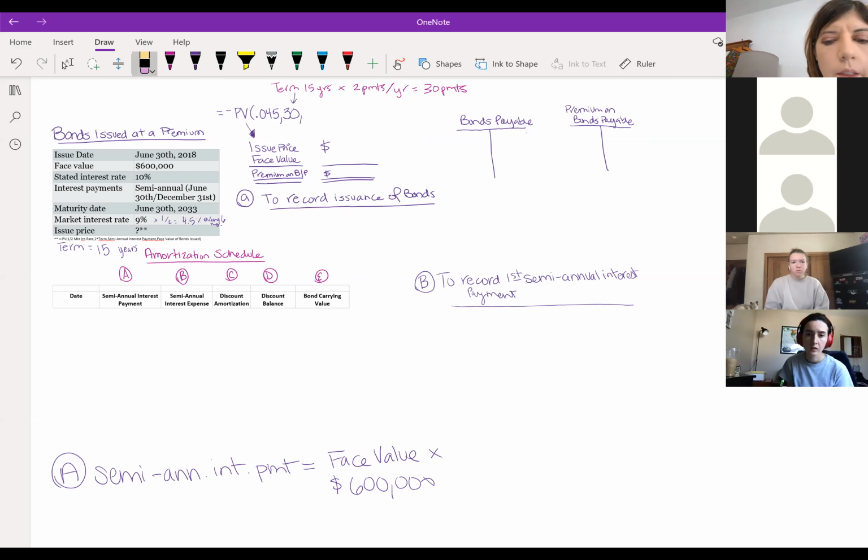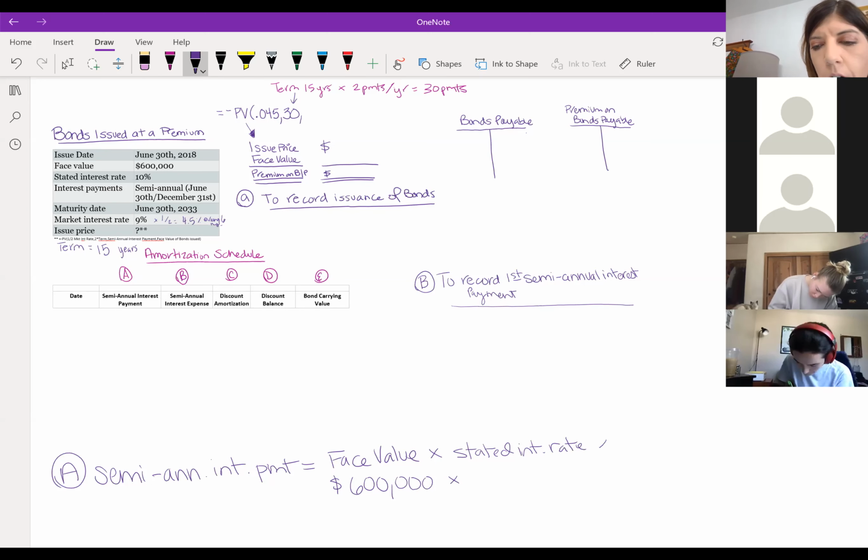And we're going to multiply that times the stated interest rate. So these bonds are paying out how much interest per year?